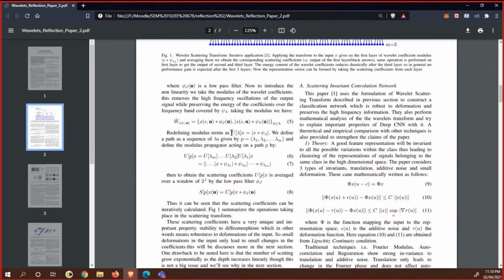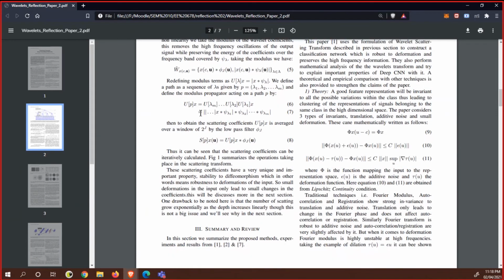If we represent the modulus of our convolution as this, then for a particular path p, given by all the different parameters of the wavelet convolutions that we can take, we can define the modulus propagator, where we iteratively convolve with a wavelet and then again take a modulus.